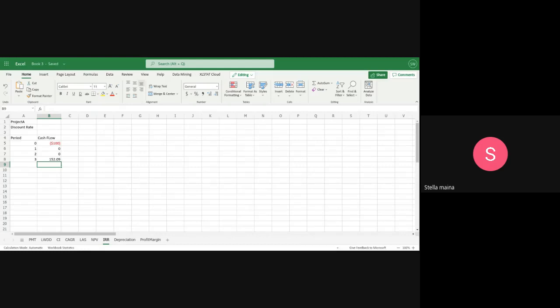No, we really don't need the NPV for this since we don't even have the IRR. So how do we first find the IRR?